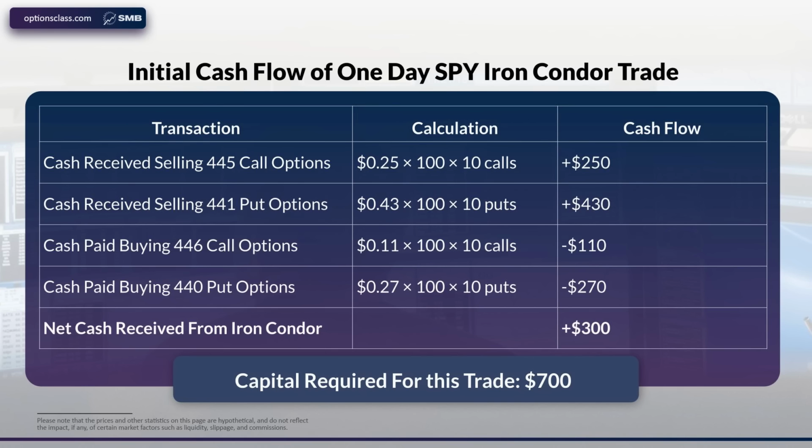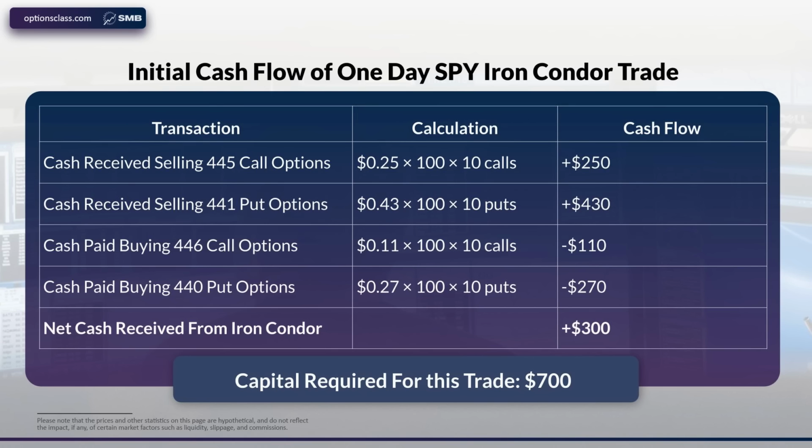And using the same logic, we collected $430 for the puts we sold and paid $110 for the call protection and $270 for the put protection, resulting in an overall positive cash flow for the iron condor of $300, for which your broker would only require you to have $700 in your account because that's the worst case scenario loss on the trade.